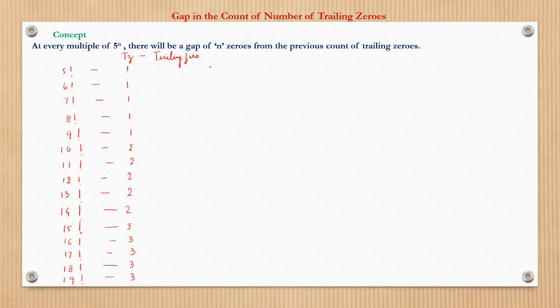Now comes another series. We'll take 20 factorial, and here the TZ, right?